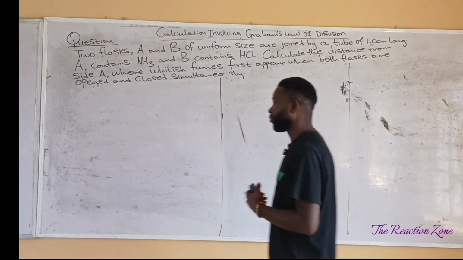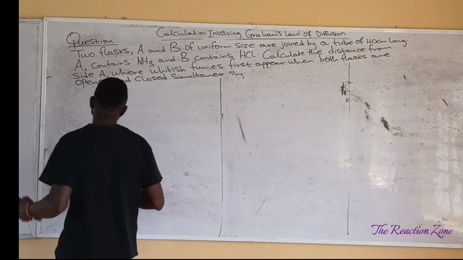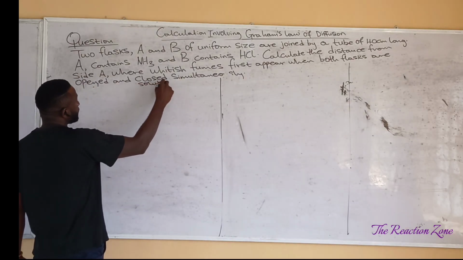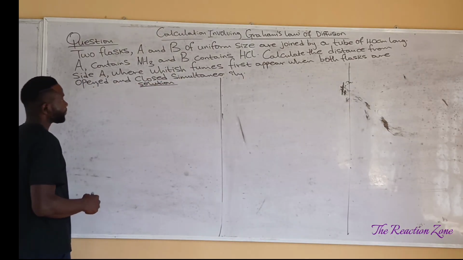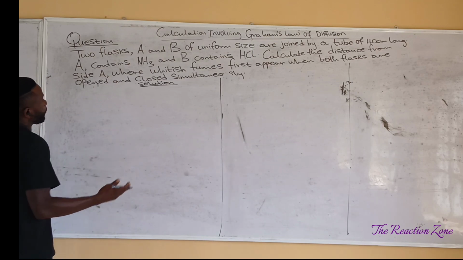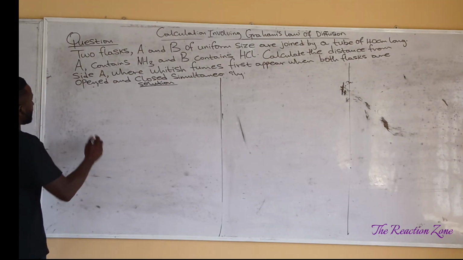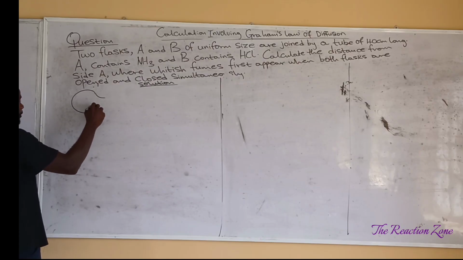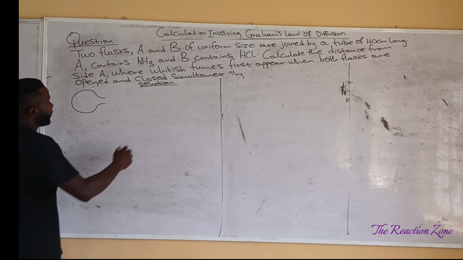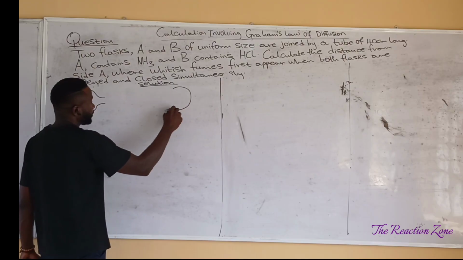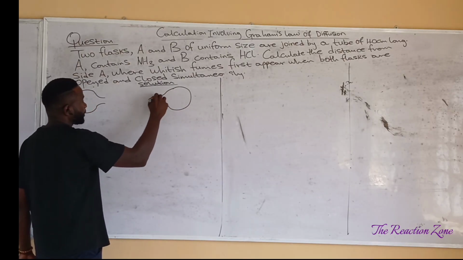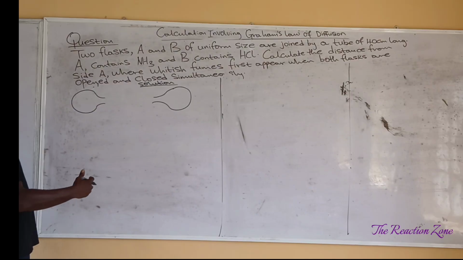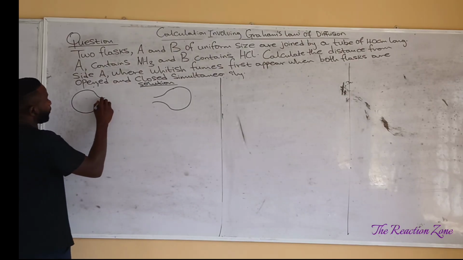To solve this problem, the first thing to do is to represent the information that we've been given using a diagram. The first part of the question says that there are two flasks, A and B. So let this represent the first flask, and this represents the second flask. And we're also told that they are joined by a tube of 40 centimeter long.